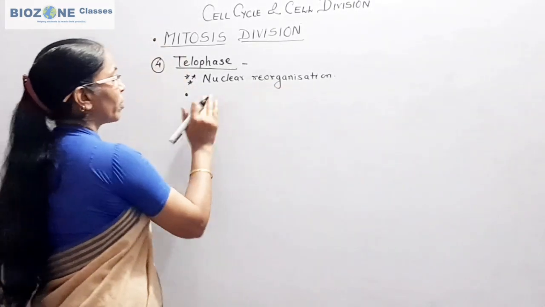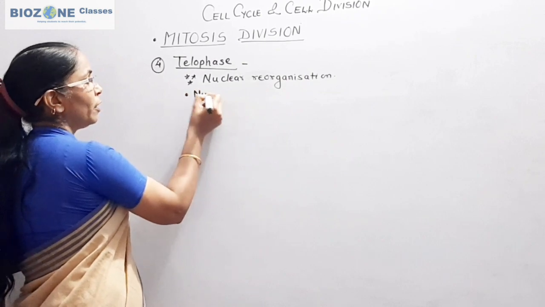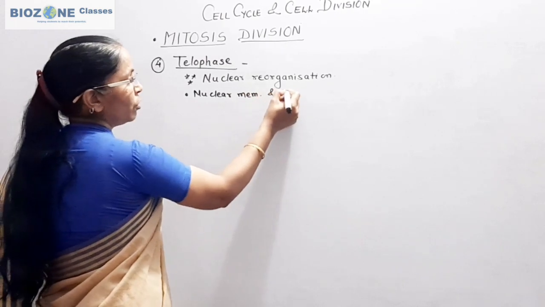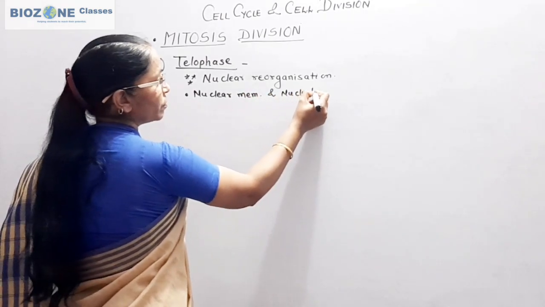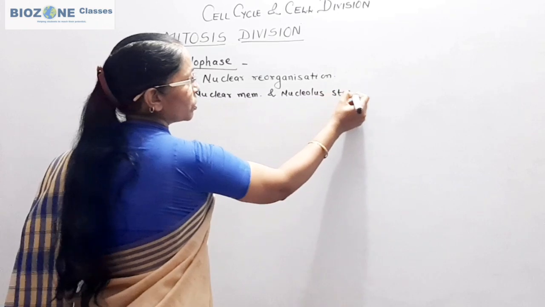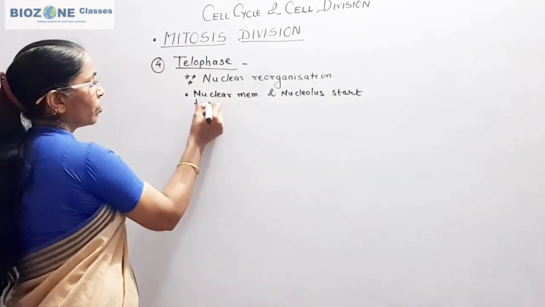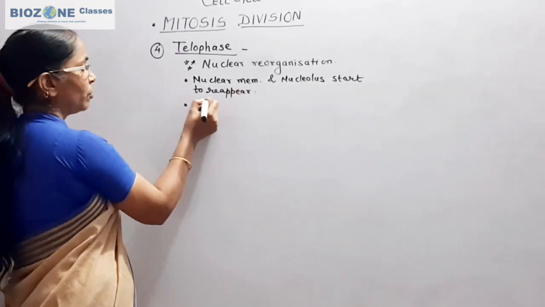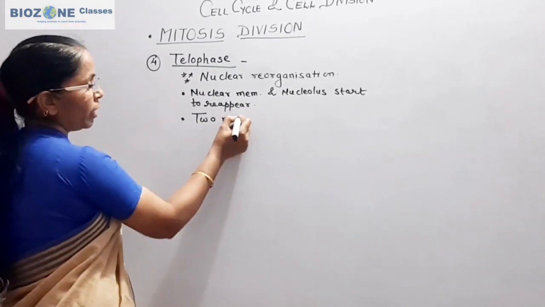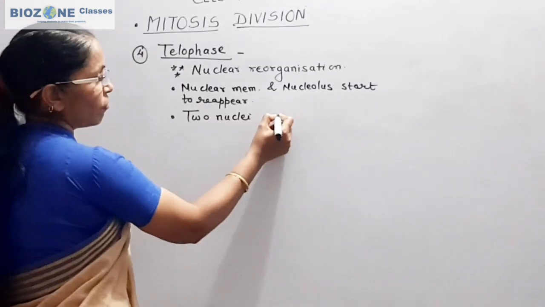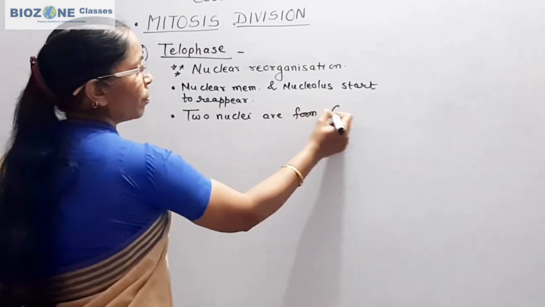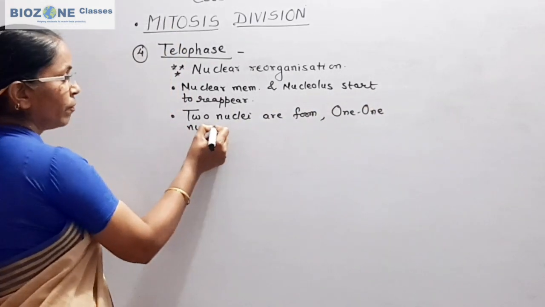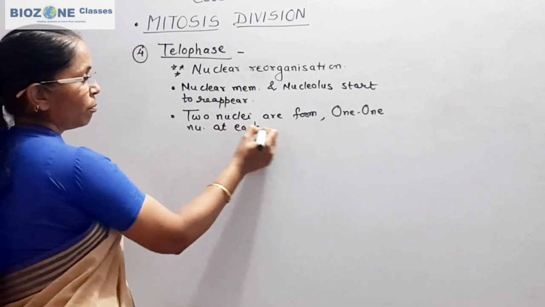So nuclear reorganization means the nuclear membrane and nucleolus start to reappear. First thing, because of that 2 nuclei are formed and one nucleus at each pole.